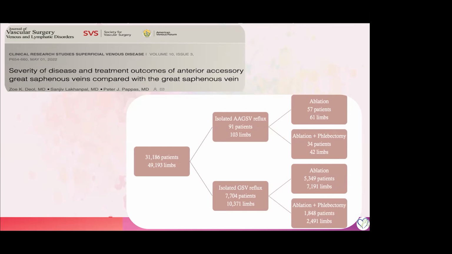First of all, Aditi, well done. Good presentation and very good review. I have something that has always bothered me, and I wanted to know if you came across in your review any major study on the posterior accessory great saphenous vein?